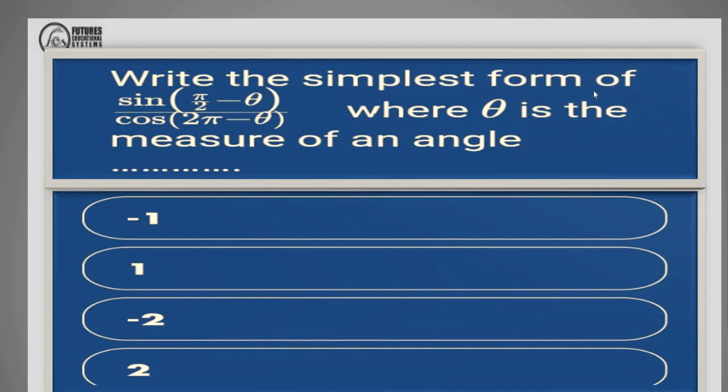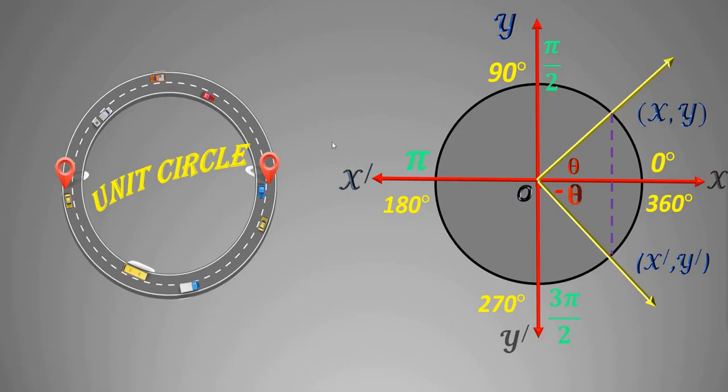This example, write the simplest form of sine of pi over 2 minus theta over cosine of 2 pi minus theta, where theta is the measure of an angle. Sine pi over 2 minus theta: pi over 2 minus theta is in the first quadrant, clockwise direction.